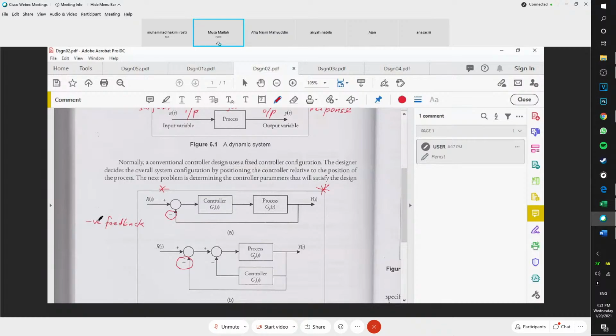Why negative? Why not positive? That's a question I'd like to ask you. Why do we use negative feedback, not positive? Anybody? You can answer this. Anybody? Why do we use negative?